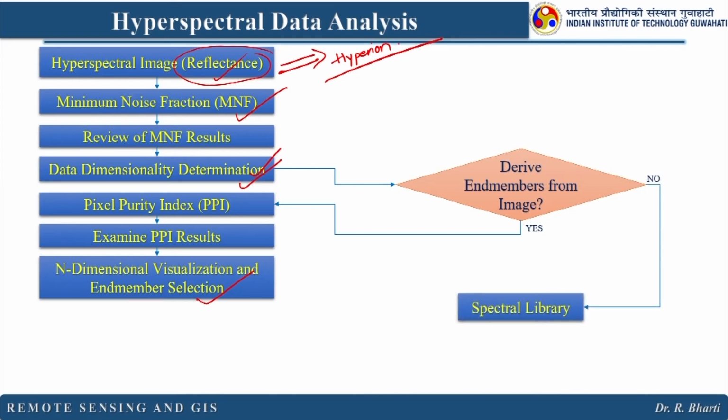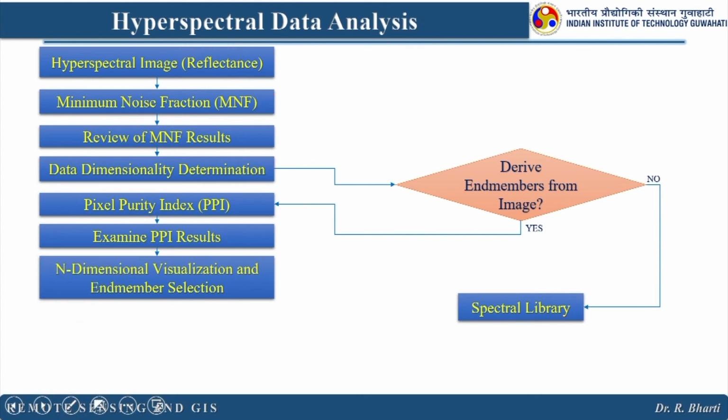In case you do not want to identify the end members from the image, then what we do? We use the spectral library. In both the cases it is possible, right? So either you bypass this or bypass this, right? So it is possible.